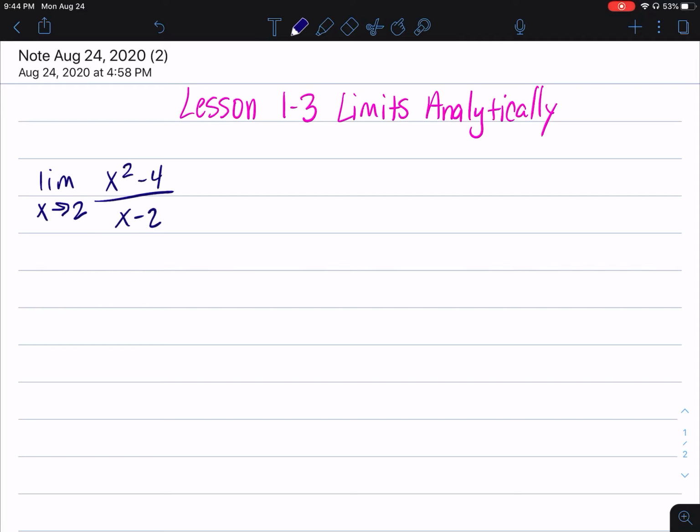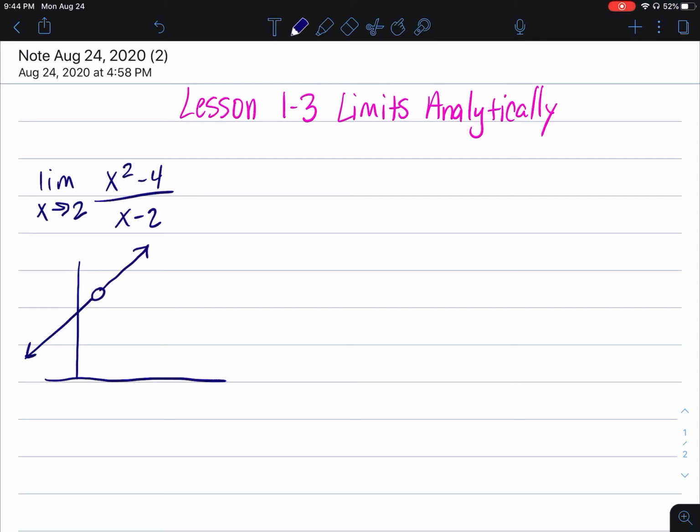So essentially what we're trying to figure out here is how we can figure out what limits are without having to look at a graph or a table.